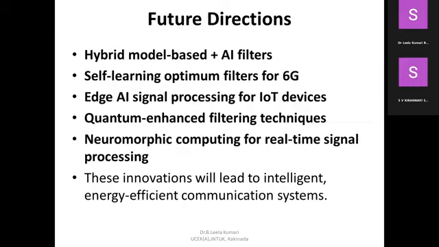We'll see self-learning optimum filters designed for 6G networks, and edge and IoT devices running intelligent signal processing locally. And quantum techniques may enhance filtering performance at very low SNRs. These technologies together will define next-generation communication systems.